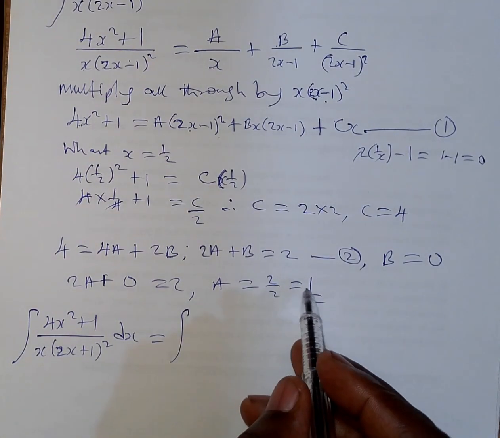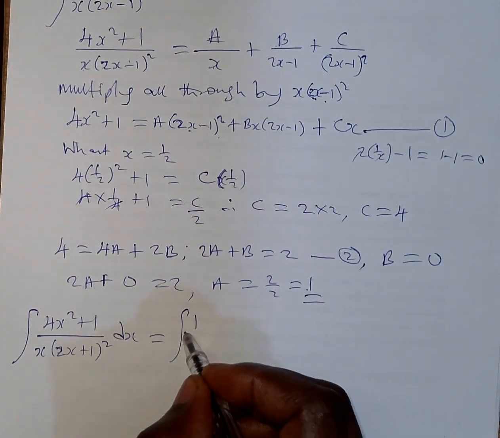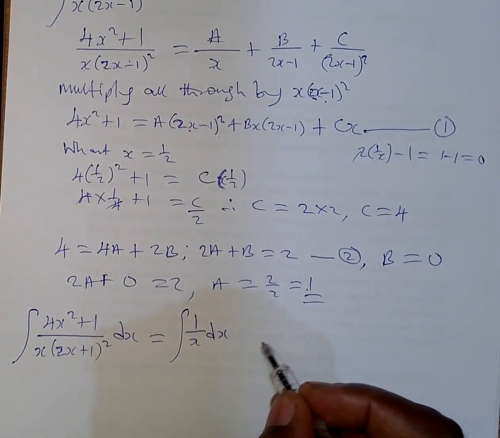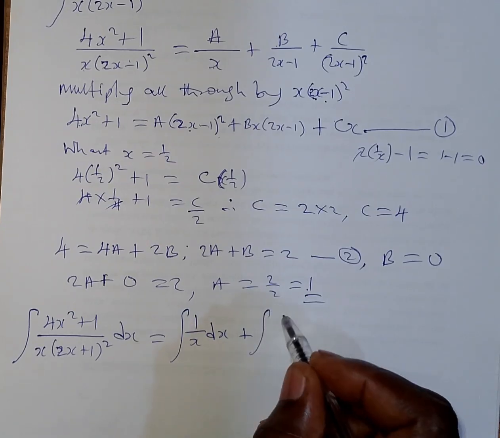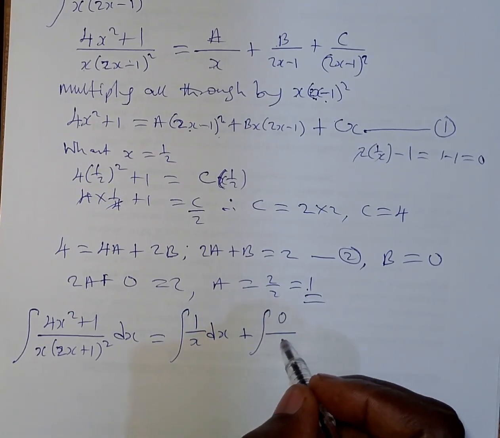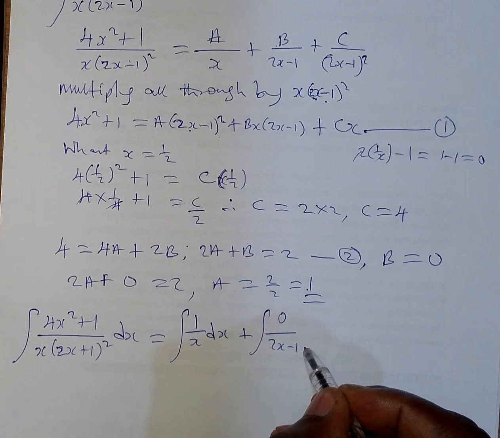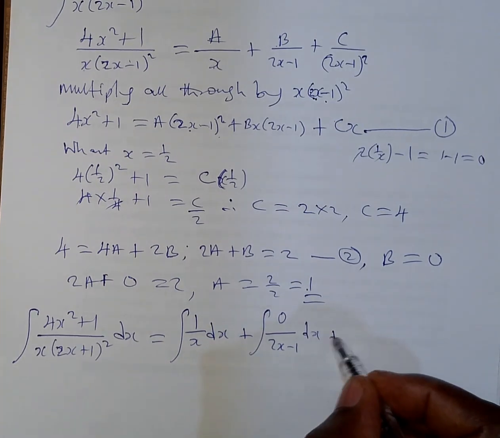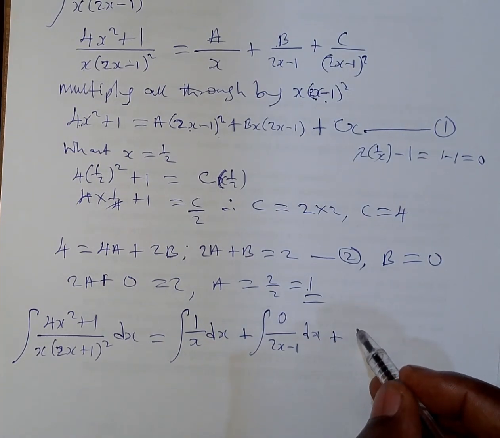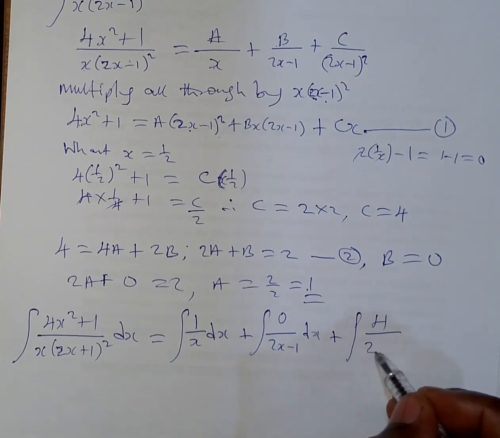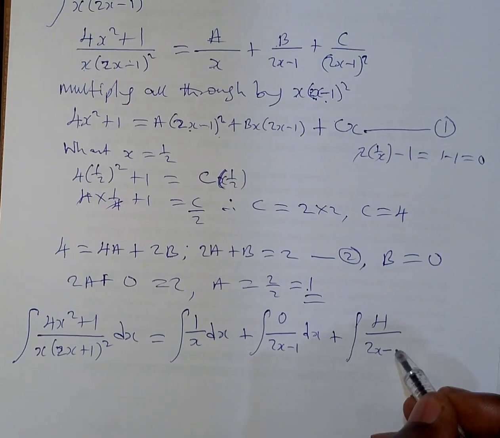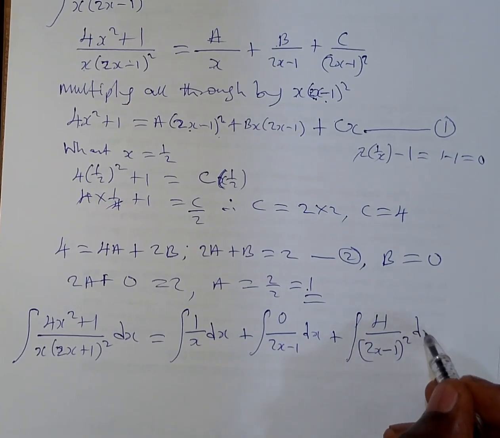Our A is 1, so we substitute it there, so this will be 1 all over x dx, then plus the next one will be the integral of 0 over 2x minus 1 dx, then we have plus the next one, the integral of 4 over 2x minus 1 all bracket squared dx.